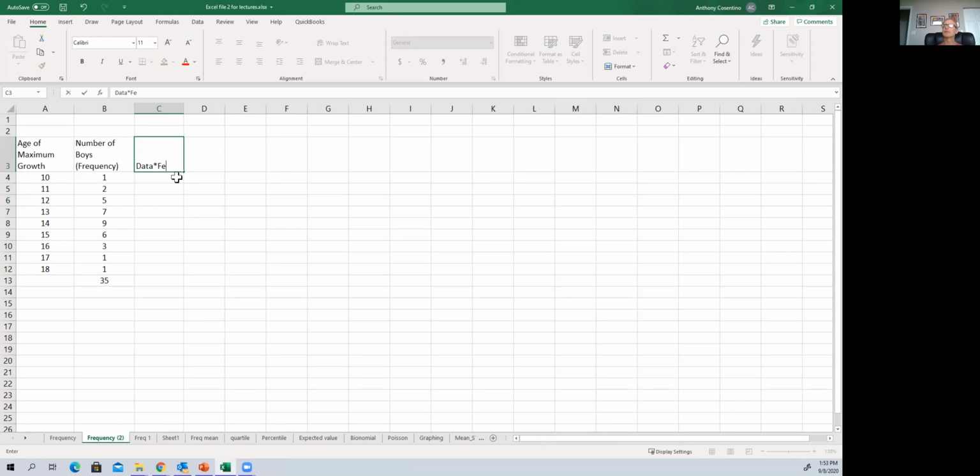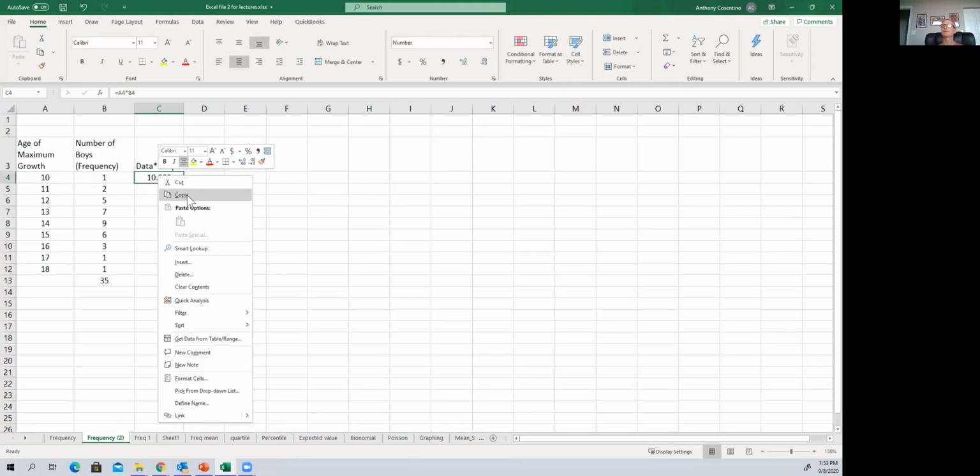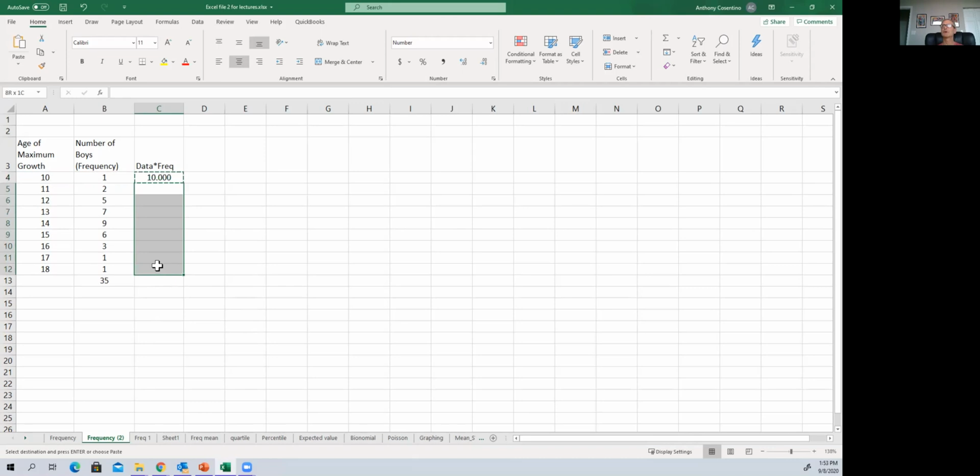To do that, you hit equals and the data times, highlight the frequency. And again, you could just copy and paste the formulas, and up comes all those numbers.